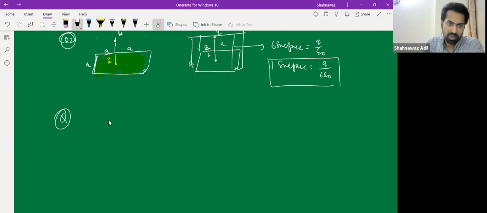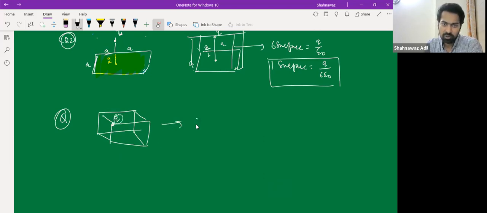So the question is that a charge is placed here. Calculate the flux. Understood?